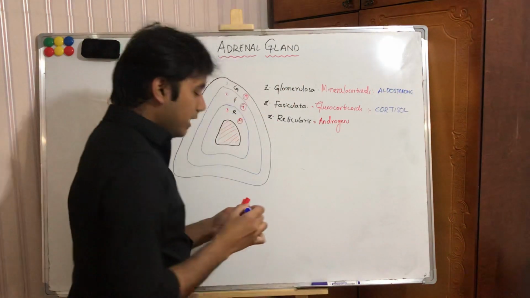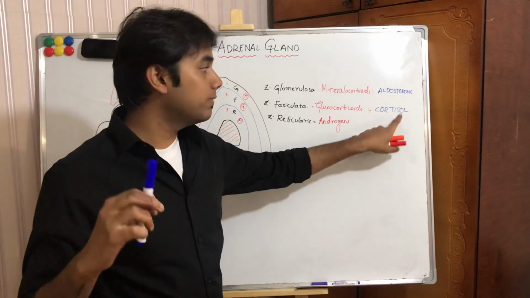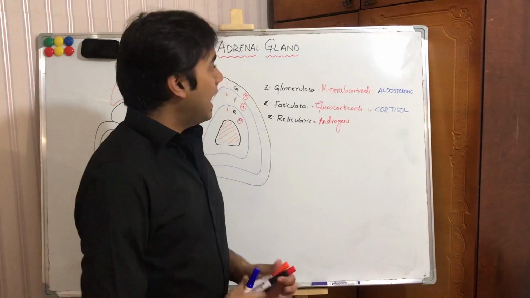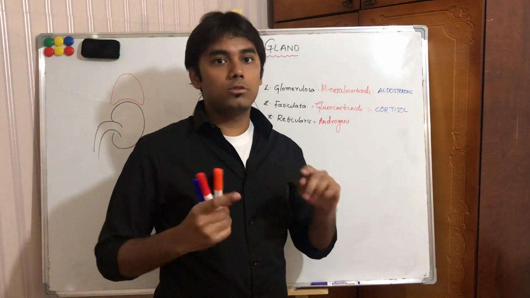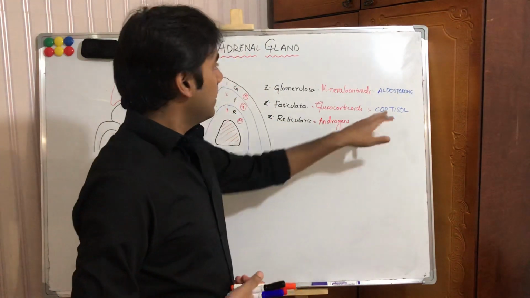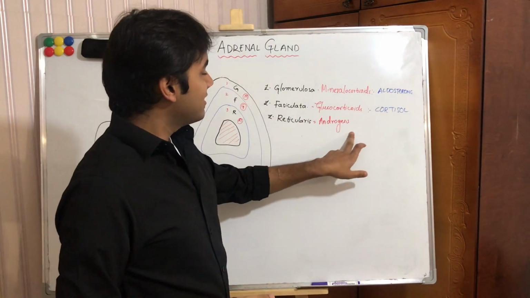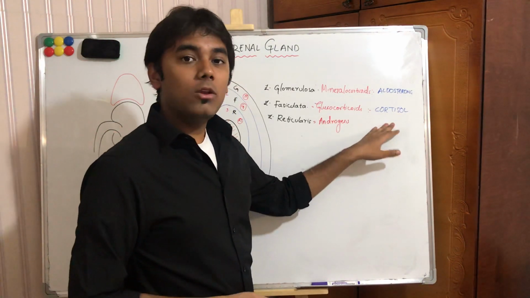Aldosterone. So today we'll be discussing mainly cortisol, because Cushing disease and Cushing syndrome are both based upon cortisol. And regarding aldosterone, I already have a video on aldosterone. So when you feel free, go and find that video. Next, androgens. About androgens we'll talk later. So for today we'll be talking mainly about cortisol.